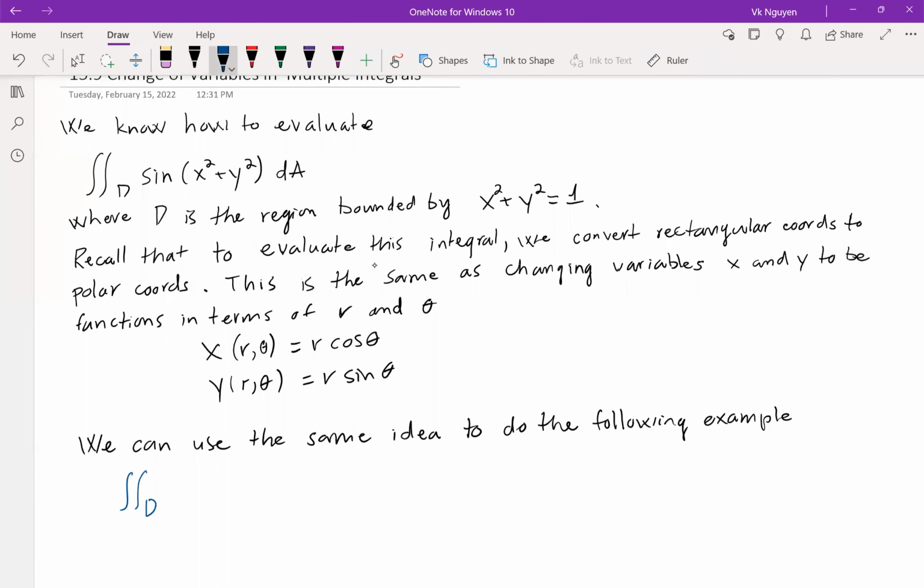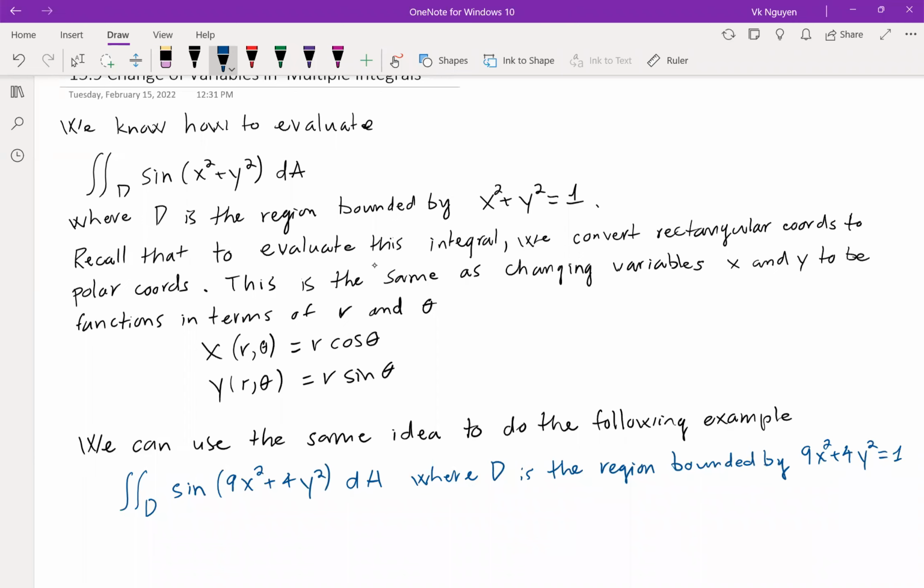It's a double integral over the region D. Instead of x squared plus y squared, it is going to be sine of 9x squared plus 4y squared dA, where D is the region bounded by 9x squared plus 4y squared equal 1.